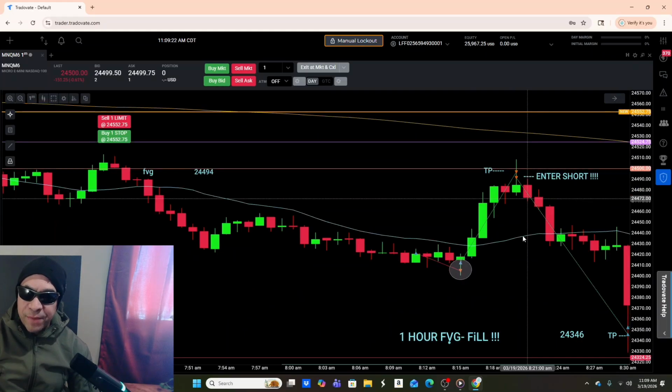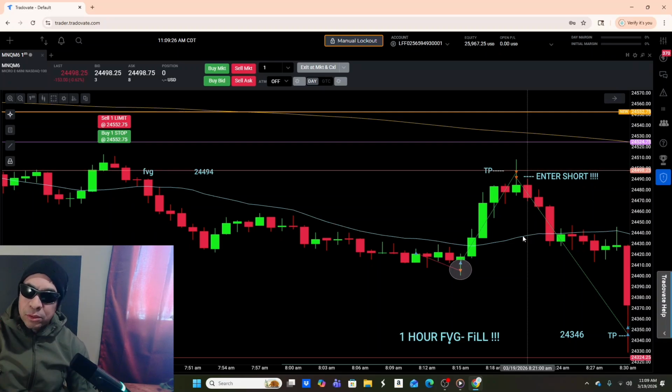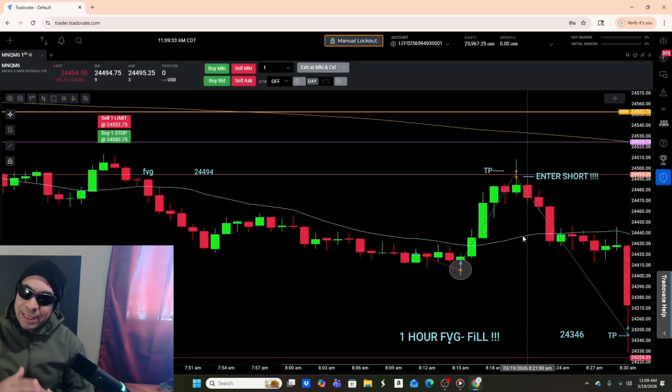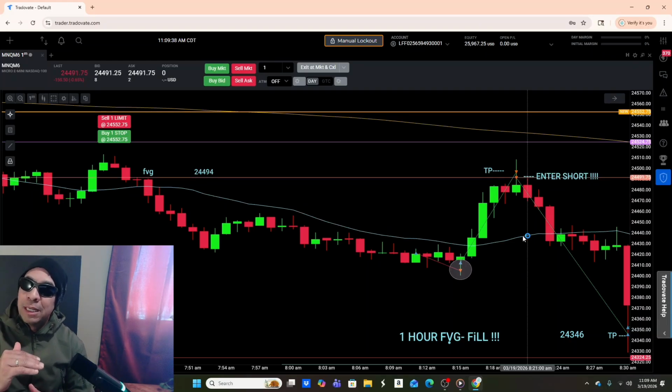Again, the fair value gaps tell the story, folks. If it wants to go down to the 24,346 level like we mapped out pre-market, that's the gap fill. That's the 1 hour gap fill. It's going to go up first, then go down.